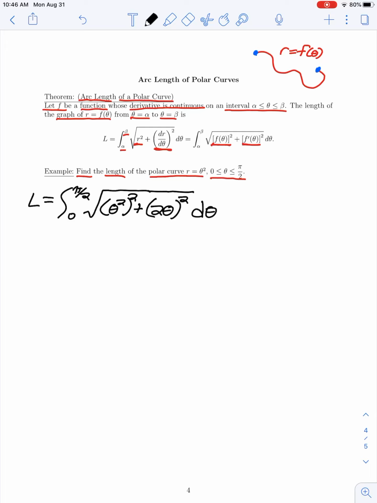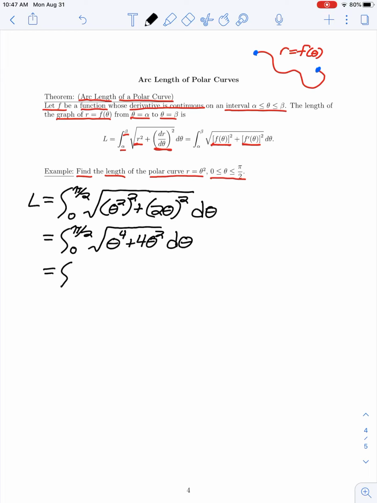So in order to integrate this function, we need to simplify the integrand a little bit. Under the radical, if I square each term, theta squared squared gives me theta to the 4th, and then plus my 2 theta squared gives me 4 theta squared, d theta.